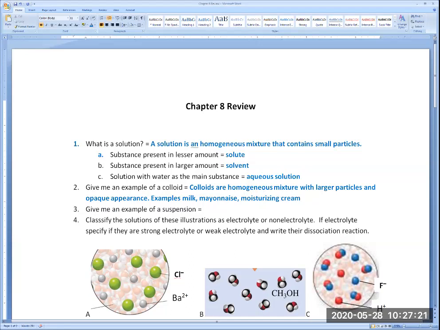They are opaque, but they are homogenized. They are emulsified, and they stay like that. They don't settle down. You don't have the larger particles settle down at the bottom. It does not happen with colloids. And at the same time, if you would filter, everything would go through and it would look the same through the filter, right? So that's what colloids are.